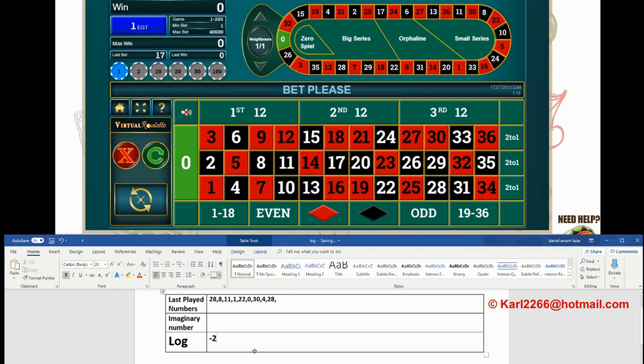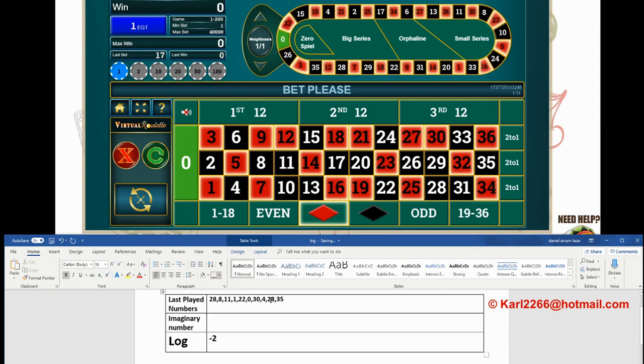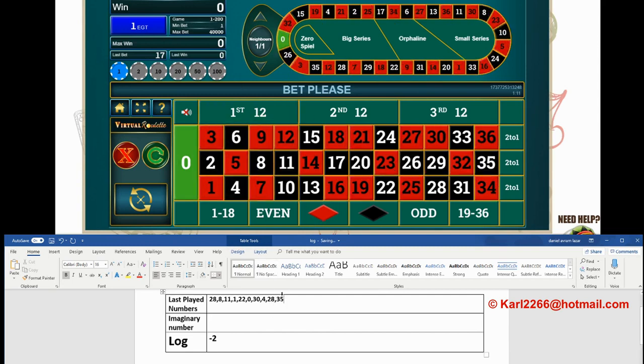Okay, but it's still confusing, and I will not continue, so I will still wait more. So after 28 we got number 35. So now it's more clear. Now it's more clear because 4 minus 2 is 2, terminals from 2 are 7 and 9, so we got 26 near. 28 minus 2 is 26, so we got 35 near.